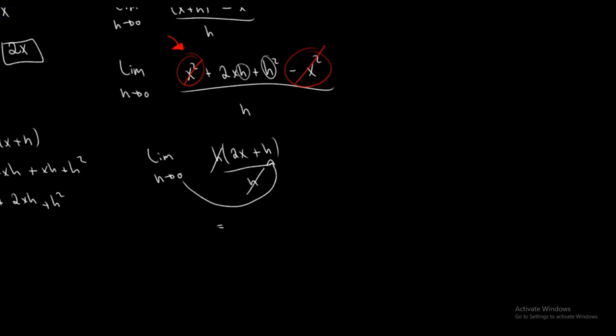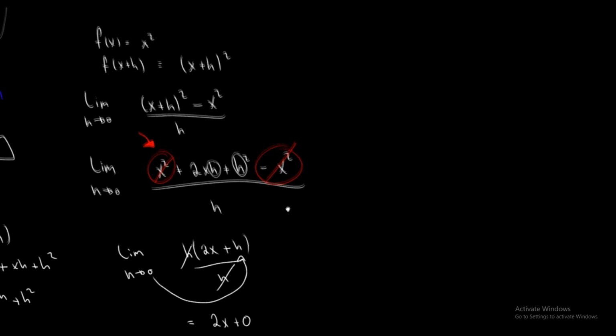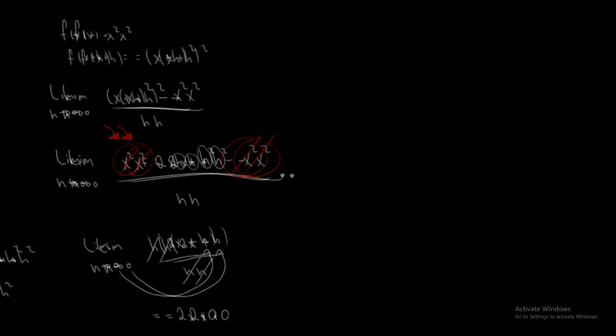So I would have 2x plus 0, and in this case we have 2x. So there, I just found the derivative of the line by using the difference quotient. Okay, so let's do another one.